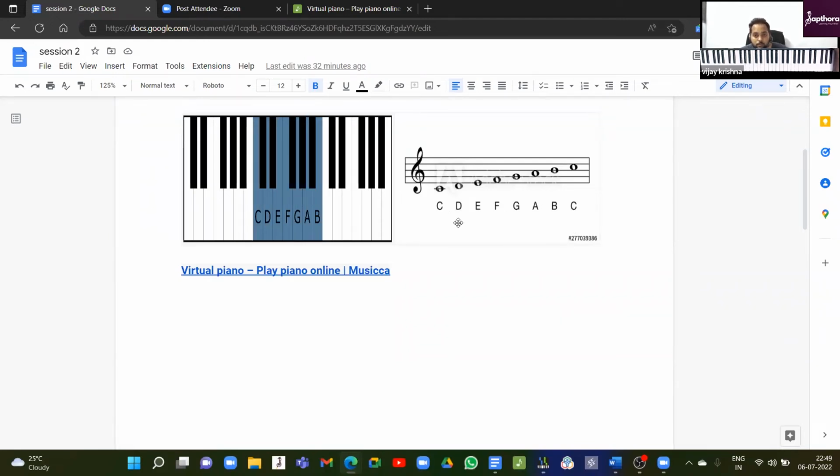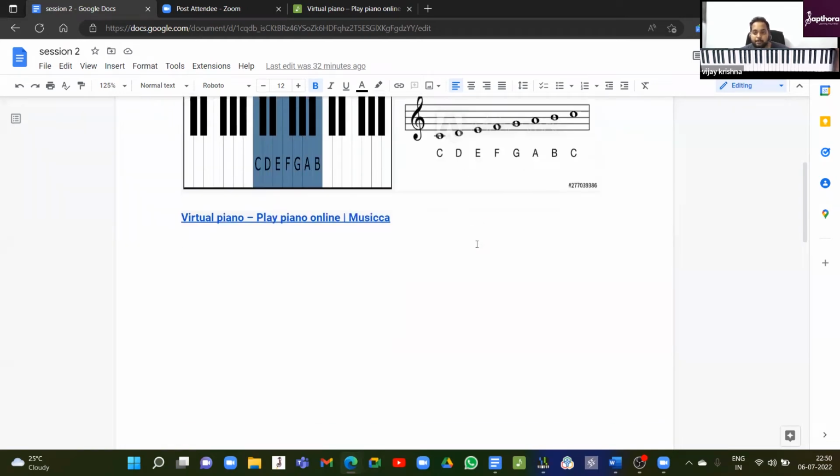So the 7 letters, and the 8th letter will be the same as the first note, the root note.